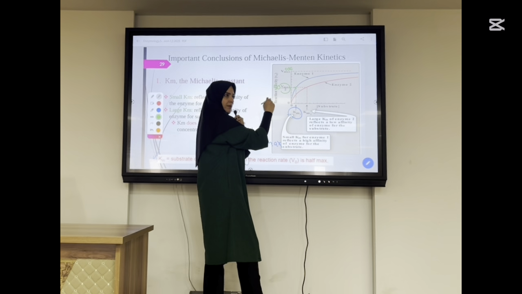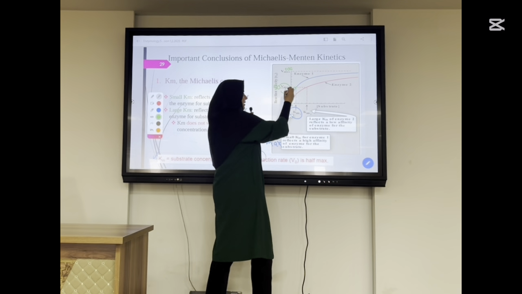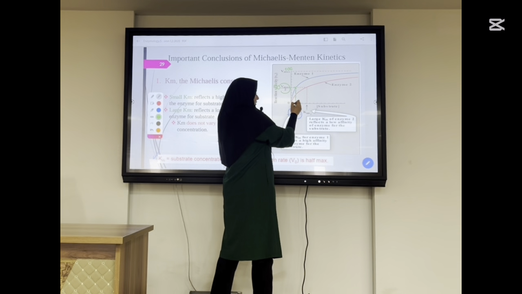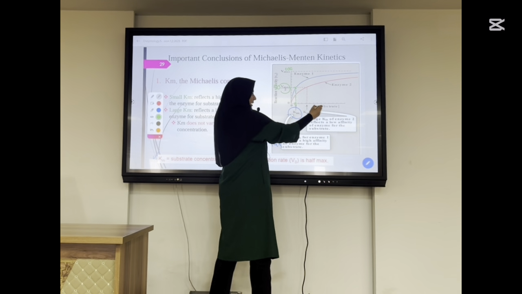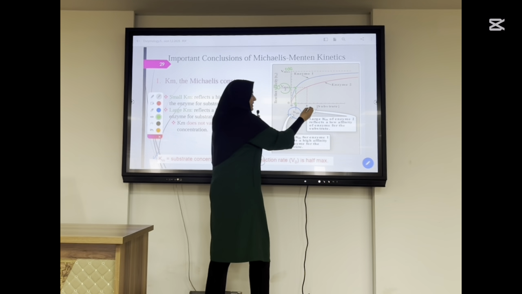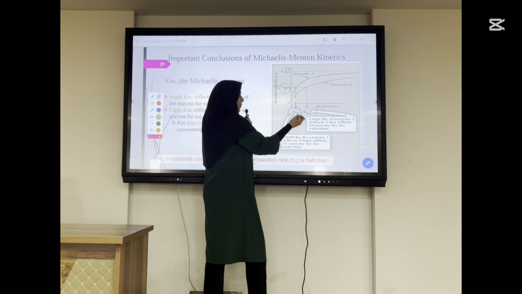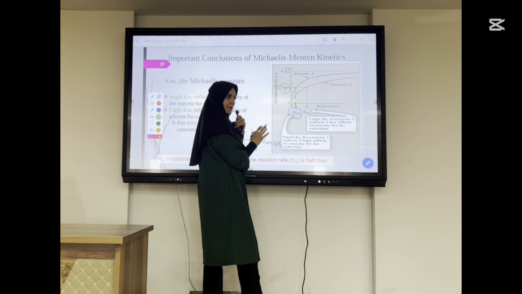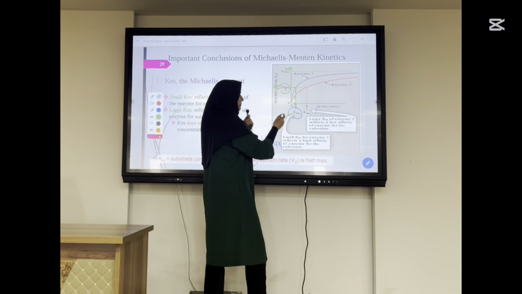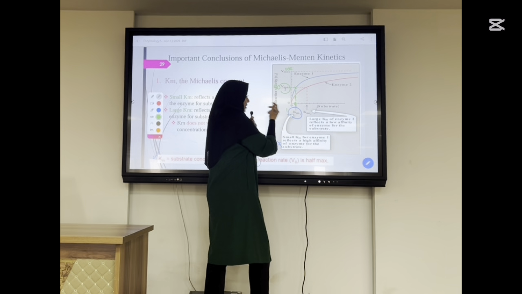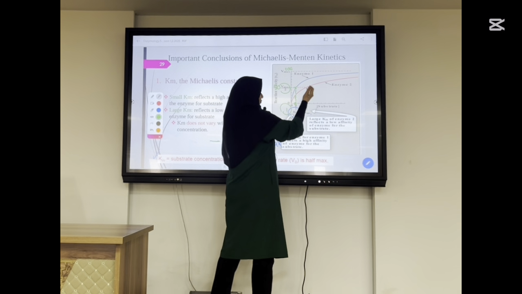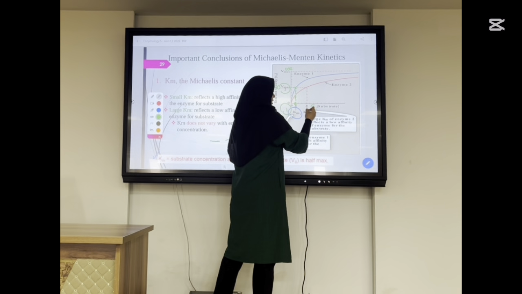I don't know, am I right? Intercept with the curve. If I find this point on the x-axis, this is the substrate concentration Km at which we have a half Vmax. For example, maybe for enzyme number 1, this is 1. Maybe for number 2, this is, for example, 5.